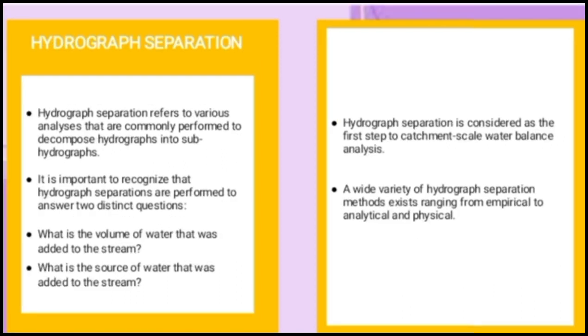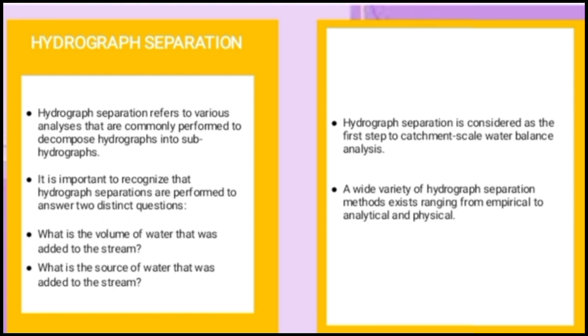Now, let's move on to the hydrograph separation. Hydrograph separation refers to various analyses that are commonly performed to decompose hydrographs into sub-hydrographs. It is important to recognize that hydrograph separations are performed to answer two distinct questions. The first question is, what is the volume of water that was added to the stream?